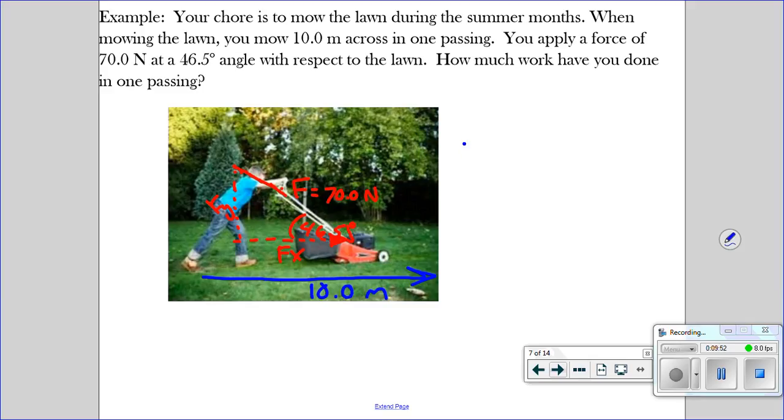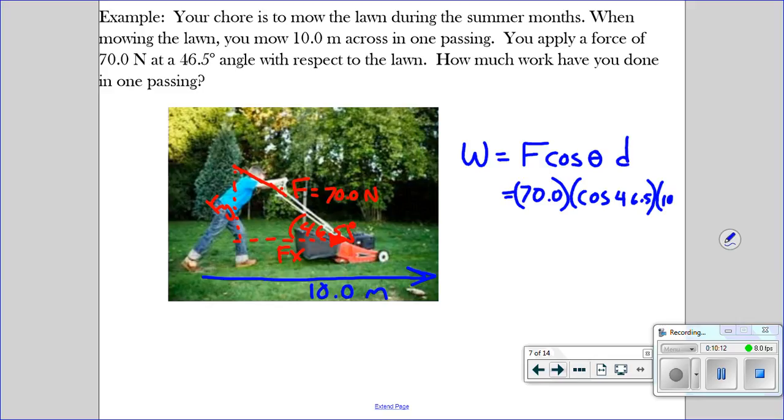So applying this to the work equation, force cosine theta times distance. My force is going to be 70.0. My cosine is going to be of 46.5, and I'm moving 10.0 meters.